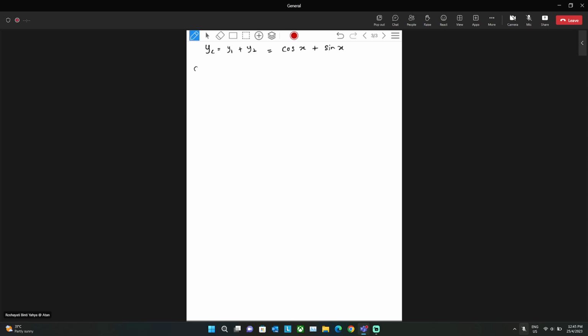So step number 3, Wronskian. Wronskian W equal to y1, y2, y1 prime, y2 prime. So what is the value of y1? Cos x, and y2 is sin x.